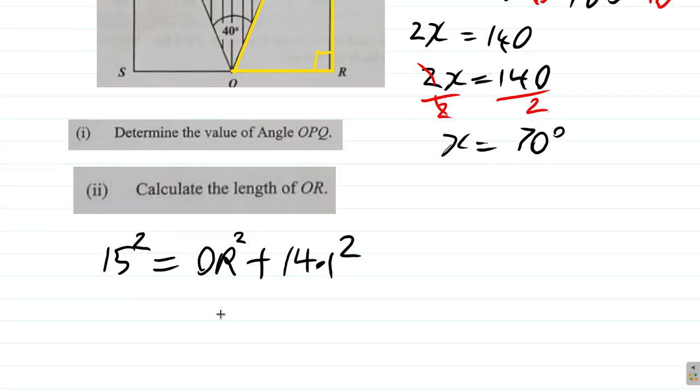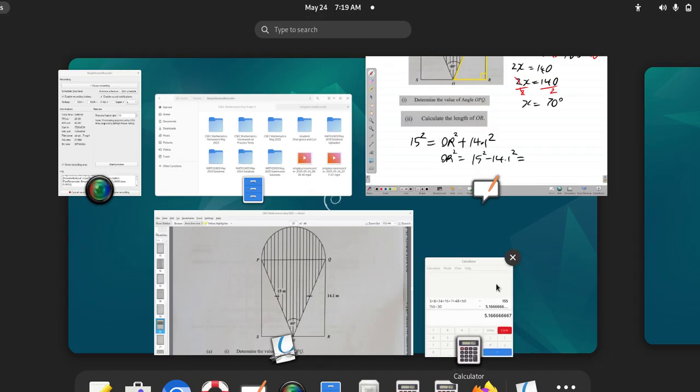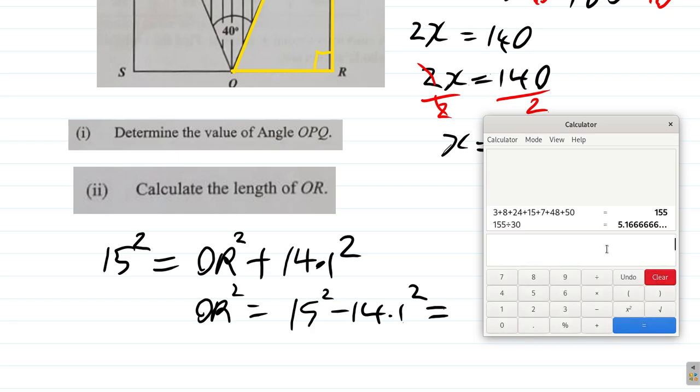If you transpose, you get OR squared is equal to 15 squared minus 14.1 squared. Let's reach for our calculator and see how that will go. 15 squared. Oh, it's not plus, it's minus. Minus 14.1 squared equals 26.19.